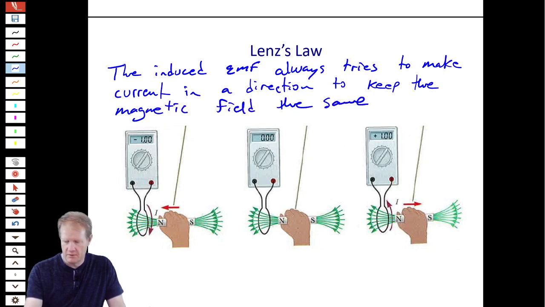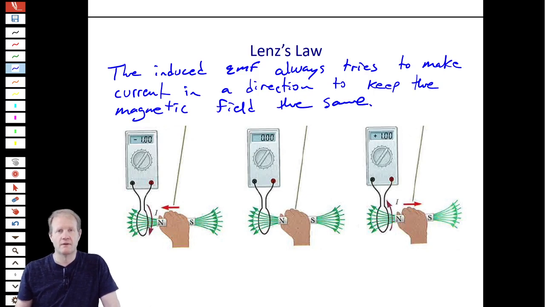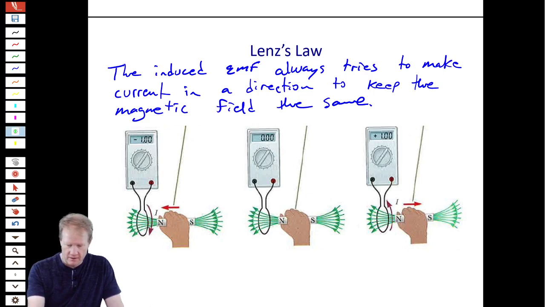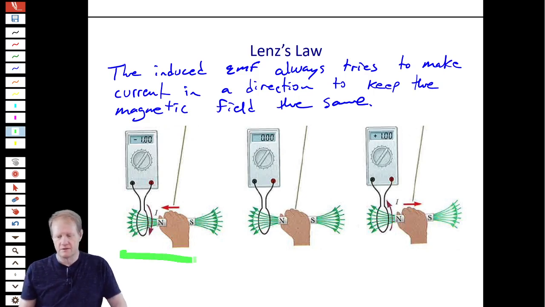All right, so let's see what I mean here. In these pictures we have somebody holding a magnet and bringing it nearby. If they're moving the North Pole toward the wire, what you're doing is increasing the flux, or increasing the magnetic field to the left in this left picture. And so the current is going to want to flow in that loop in such a way that it will oppose that change.